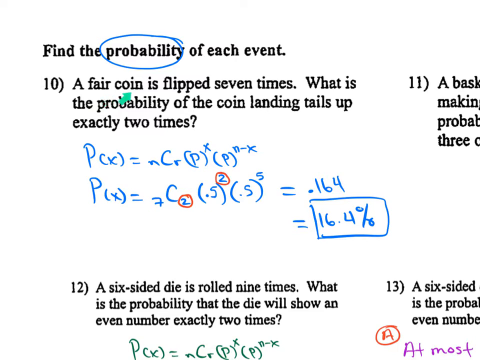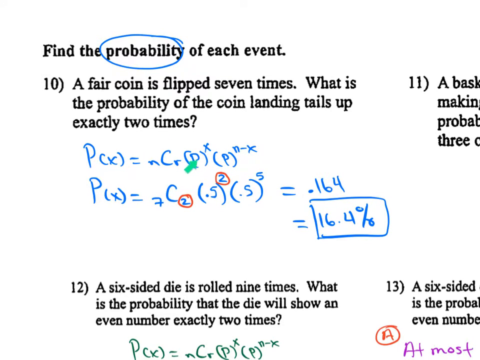So in this case, we have a fair coin that's flipped 7 times. What is the probability of the coin landing tails up exactly 2 times? So n is how many events, and 2 is how many successes that you want. So this is going to be 7C2.